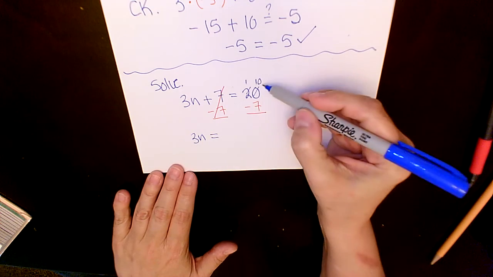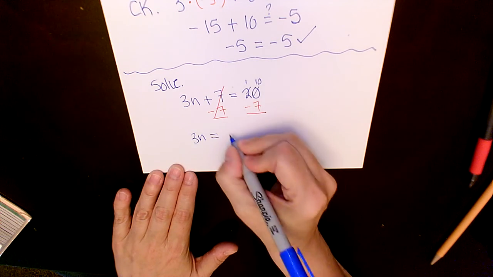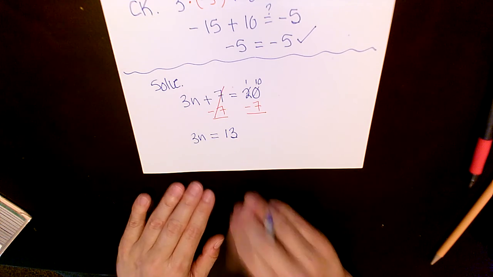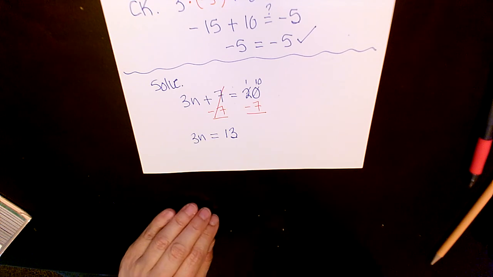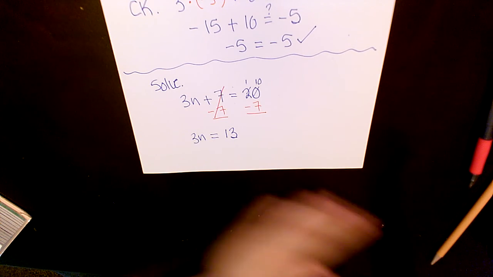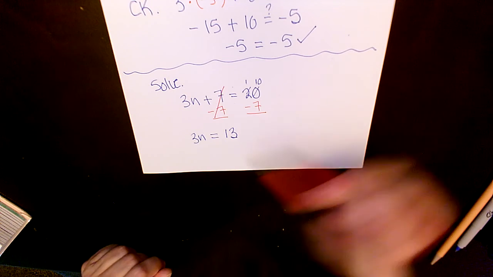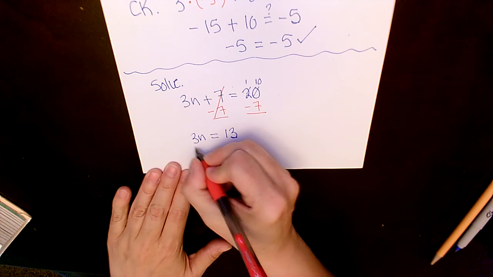Let's borrow. So I get 13. Now this isn't going to come out to be a nice number, but we can still do it. So we're on step 3. We're going to divide both sides by 3.